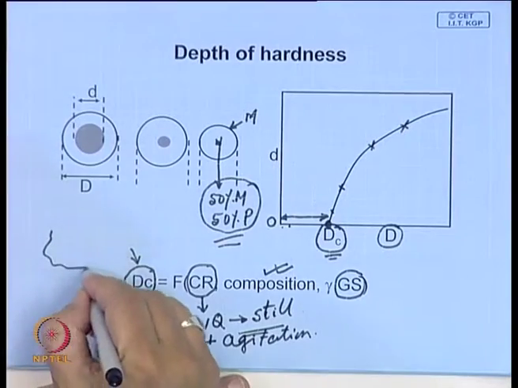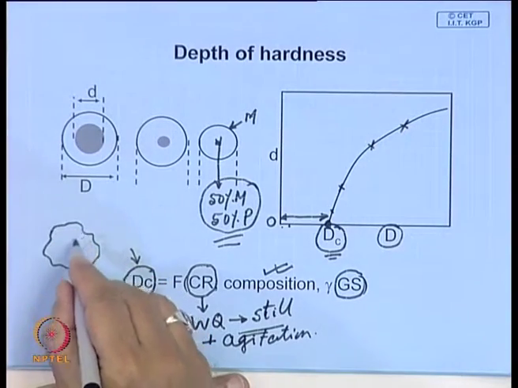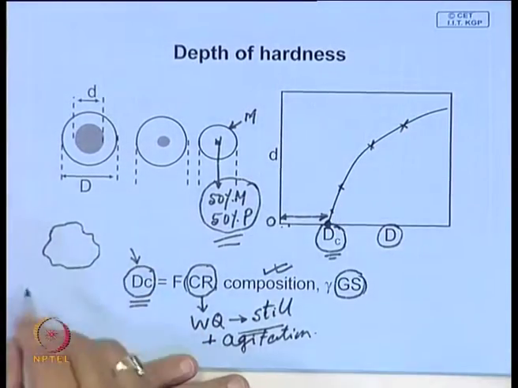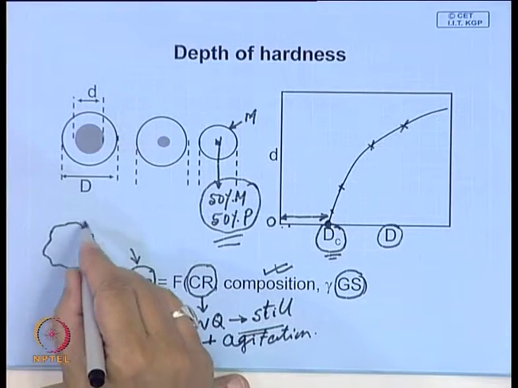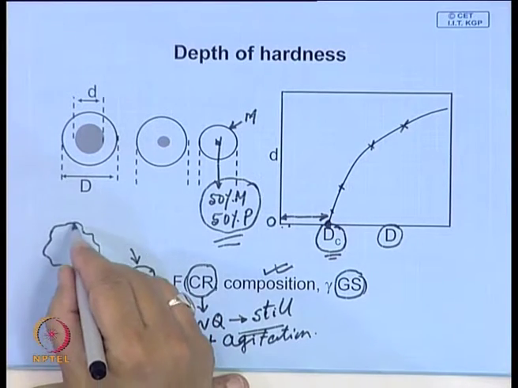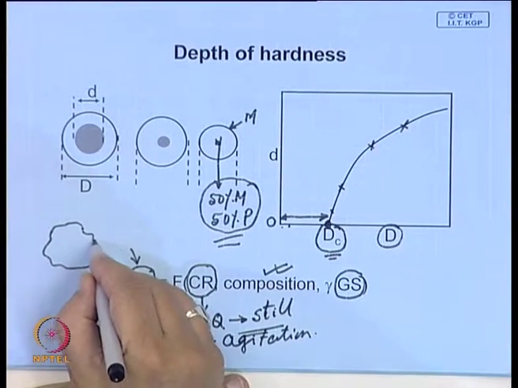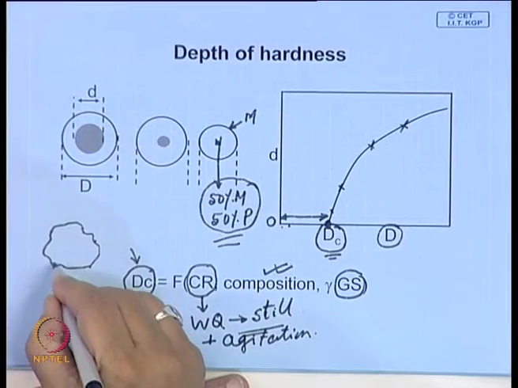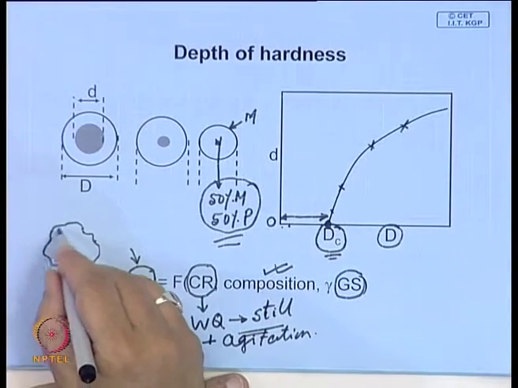So, if you have large grains of austenite, then to harden you have to suppress diffusion control transformation. If you have a coarse austenite grain, the sites where pearlite nodules can form are limited, they can form only here.